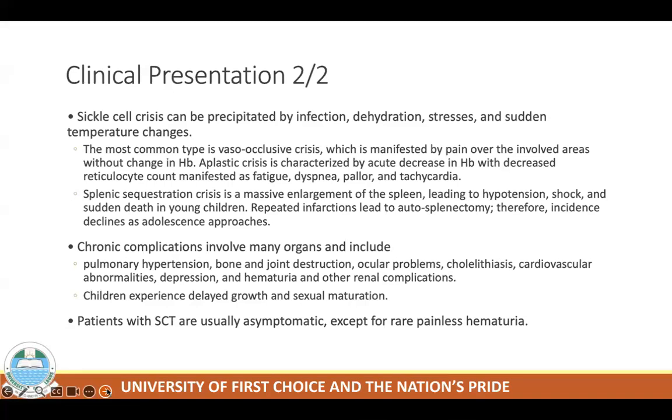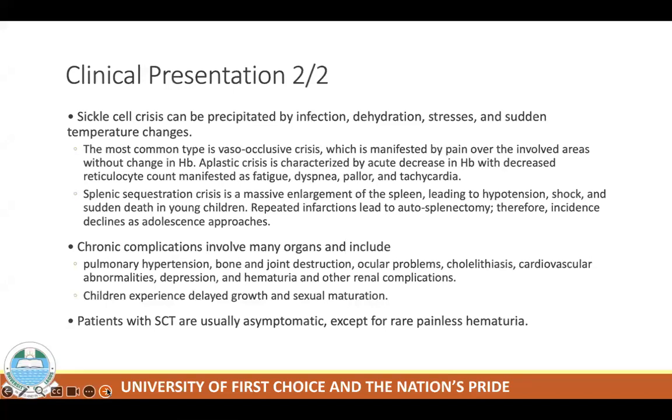Where the spleen becomes basically unresponsive and nonfunctional, right? So these incidents decline as adolescence approaches. So sometimes people who have repeated episodes have their spleen become inactive, and then the attacks reduce as they grow older.